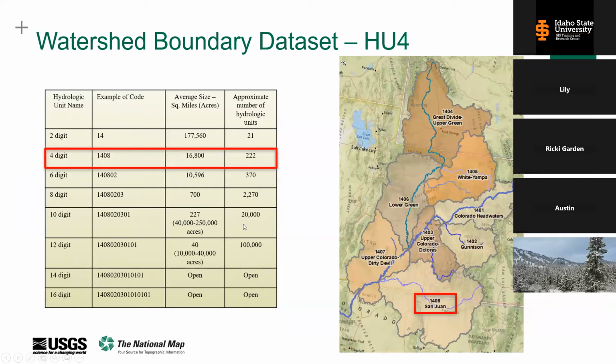Now, if we continue to subdivide to our 4-digit hydrologic unit, we are going to highlight 1408, which is the San Juan. The average size of our 4 digits in the WBD data set is 16,800 acres. And we have approximately 222 4-digit hydrologic units in the data set. Now we can see, again, this large main stem river that we're subdividing.